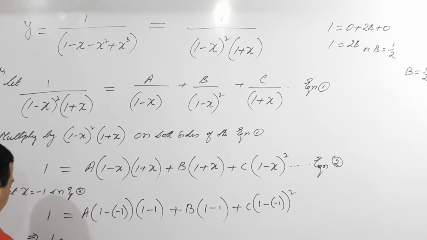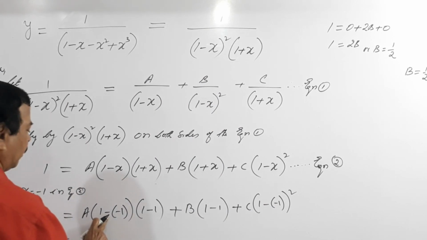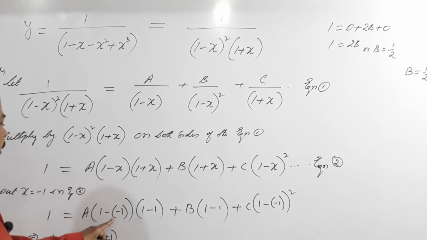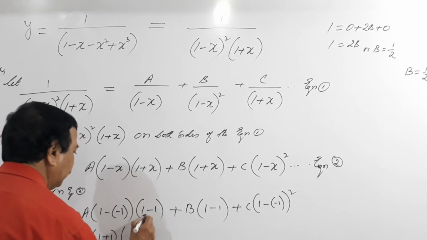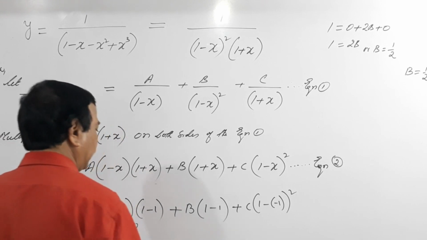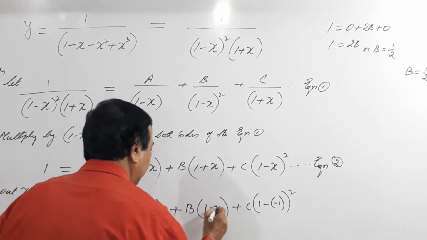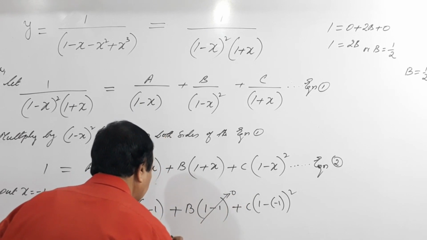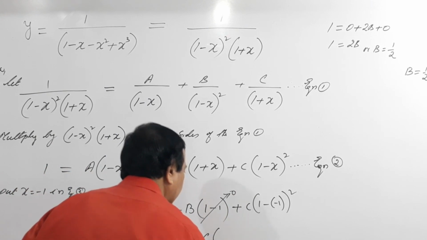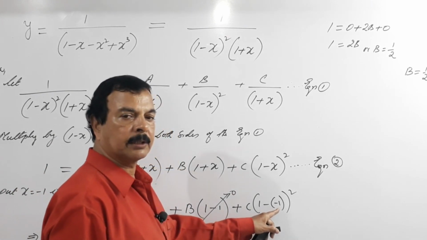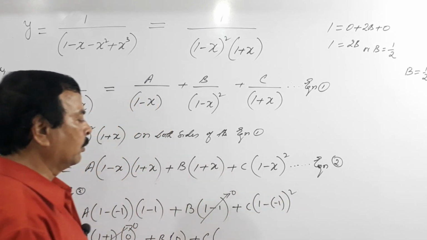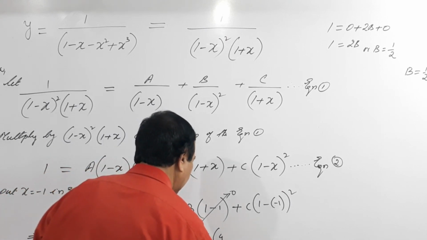That is nothing but 1 equals to, minus of this is nothing but minus of 1 plus 1, minus into minus plus 1, into this becomes 0, so the entire thing becomes 0. And plus b, this also becomes 0. Plus c, this is 1 minus of minus is 1, 1 plus 1 is 2, 2 to the power of 2 is 4, that is 4.